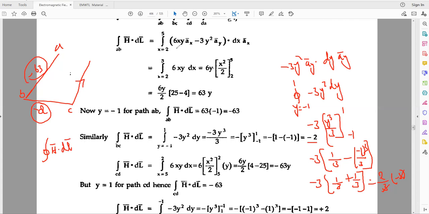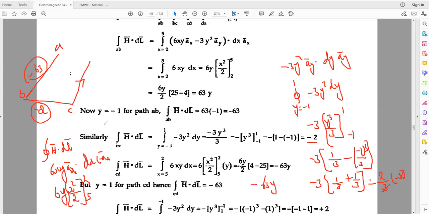The h bar is an x value only. You can take 6xy ax bar dot dx into minus ax bar. So ax bar dot ax bar is equal to 1, and for the 6y, we take x square by 2, with the upper limit 5 and lower limit 2.